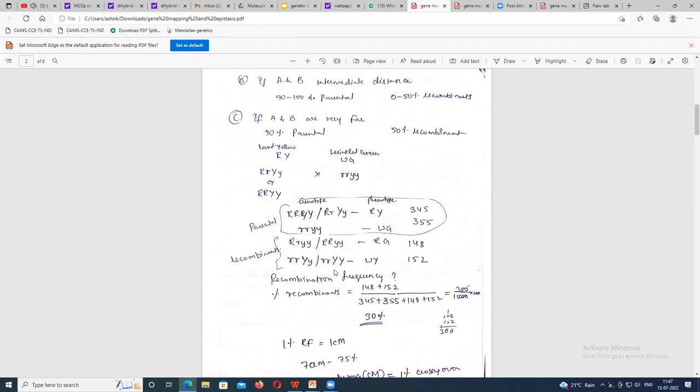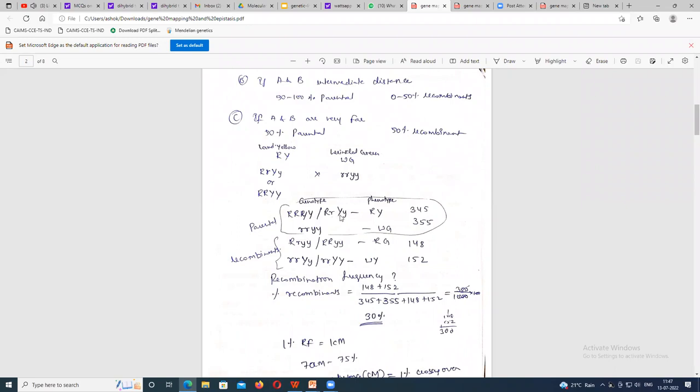Now they have given the combinations, the number of progeny. So this is the genotype: capital R, capital R, capital Y, capital Y, capital R, small r, capital Y, small y. What will be the phenotype of this genotype? Capital R, small r or capital R, capital R: phenotype will be round.